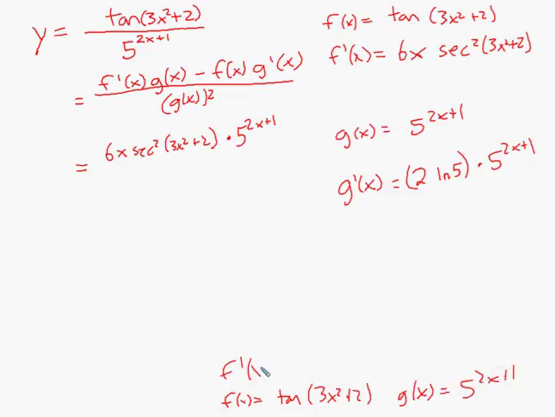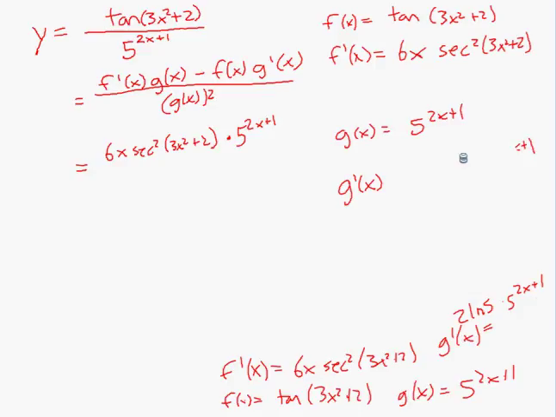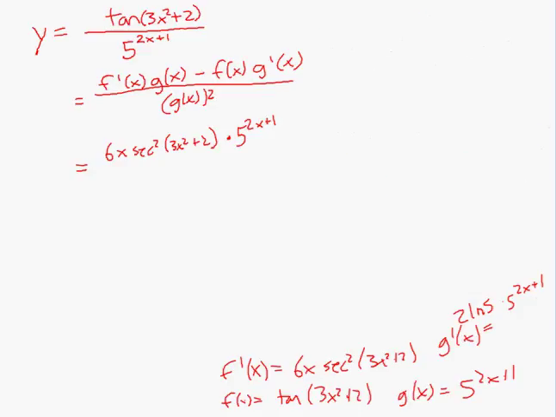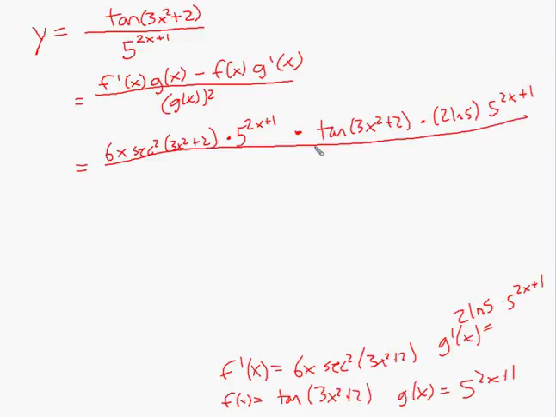What was our f prime of x? Just making some room. g prime of x equals, okay, now I have room. Okay, minus f of x times g prime of x and then over g squared.